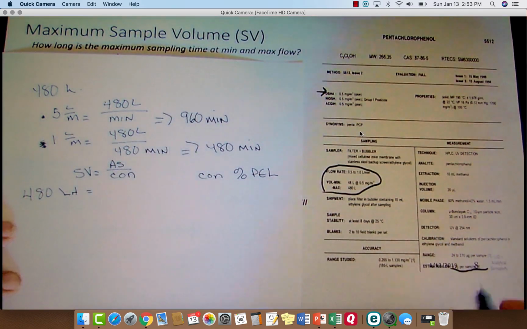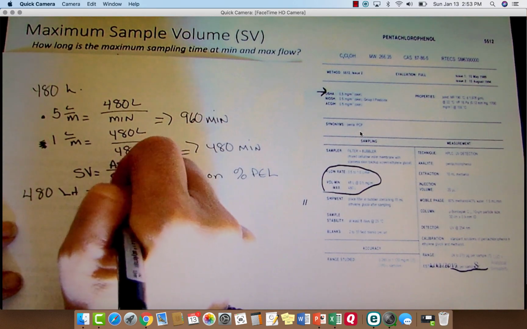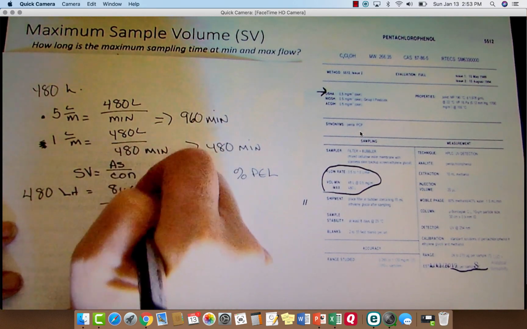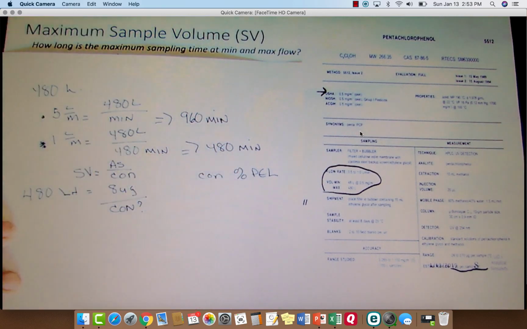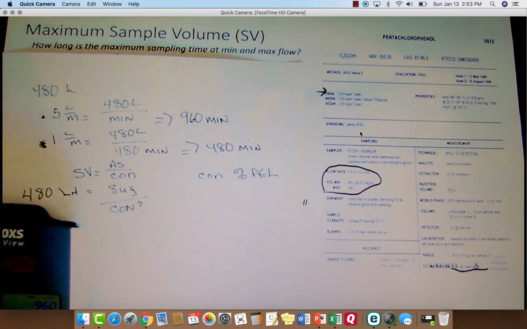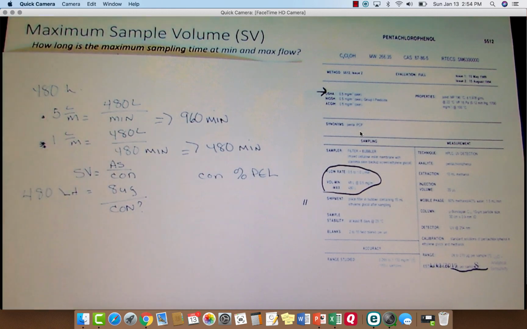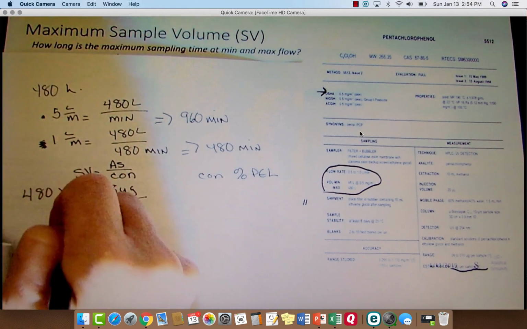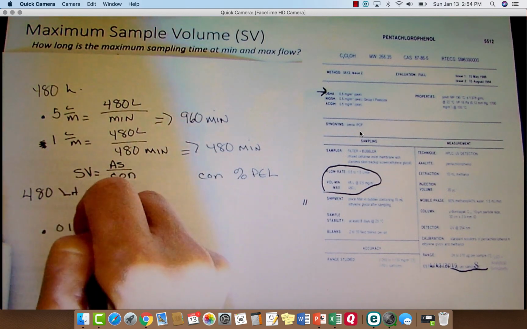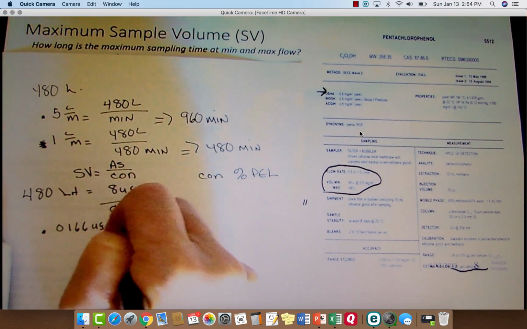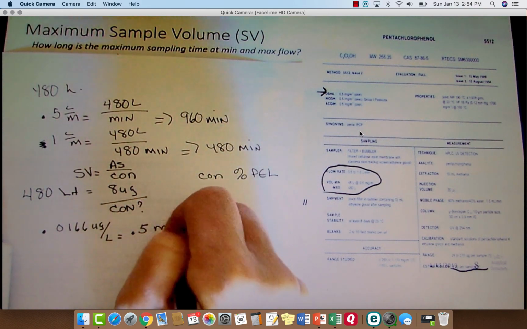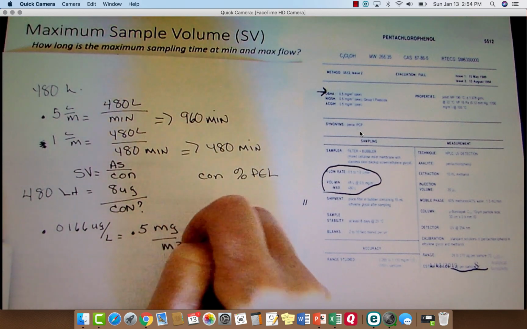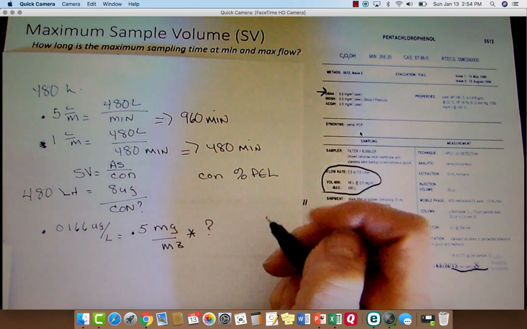And our analytical sensitivity is 8 micrograms. And now I'm going to solve for this percentage of the PEL concentration. So this will give me 0.0166 micrograms per liter equals 0.5 times some percentage.